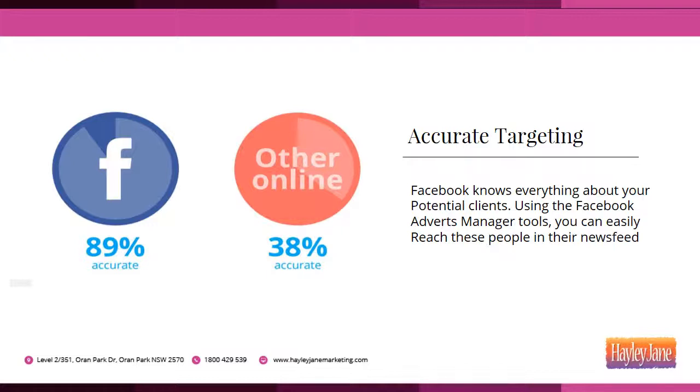It is so much more accurate than any other means of advertising at all. In fact, the only one that comes close is other forms of digital advertising that comes in at 38%, well below Facebook. So Facebook is definitely something that you want to be doing to advertise for your business to reach your clients.